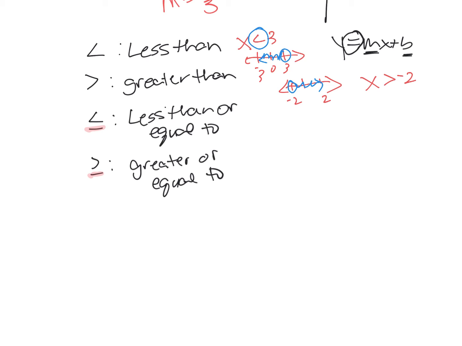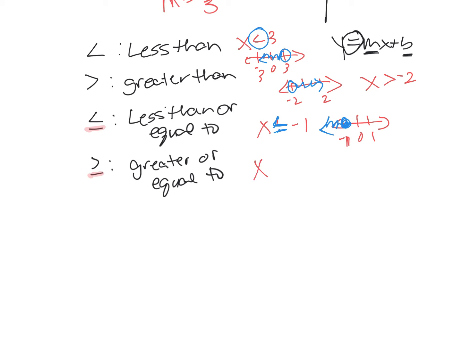And then if we had x is less than or equal to negative 1, we would draw a line. We have our 0, we have our negative 1, and our 1. We would now say instead of it open at negative 1, we would color it in because of this equal sign, right? And then we would shade to the left.